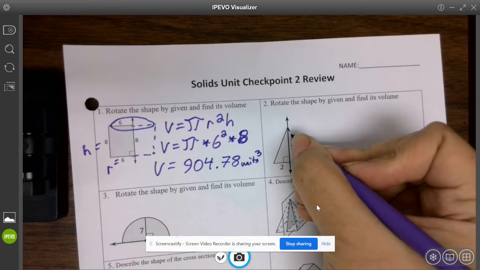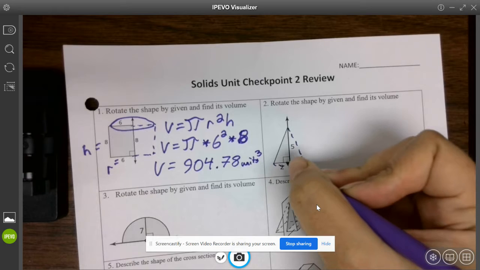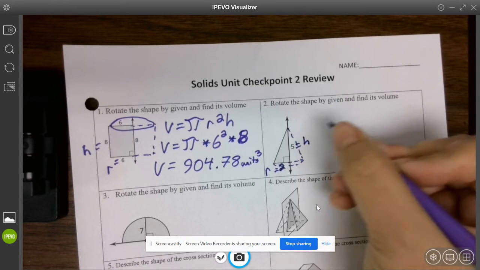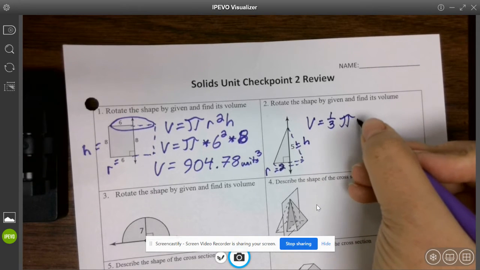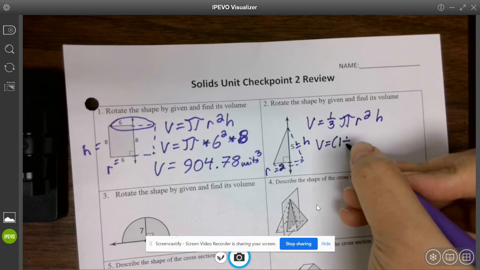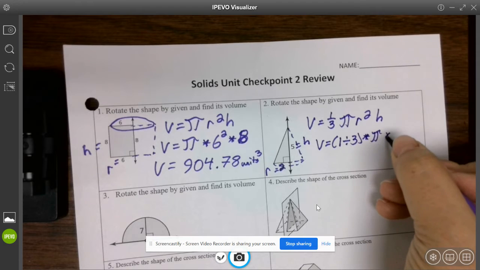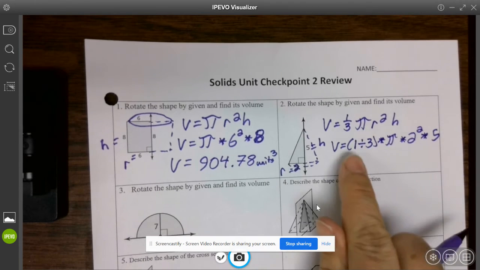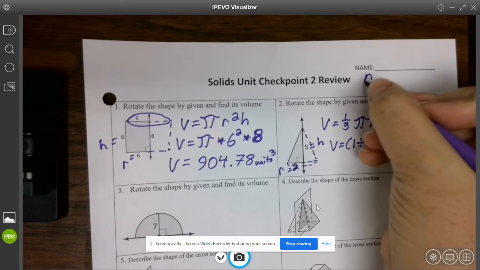Okay, this one, everybody, is going to be a cone. So the right triangle, if you see that, everybody, remember that's going to be a cone. 2 is our radius. Our height is 5. Its volume is equal to 1/3. The base is the circle, so pi r squared times the height. Remember, a fraction's another way to write division.